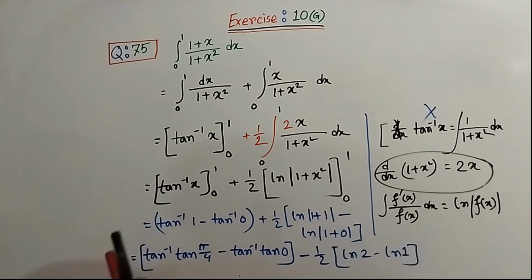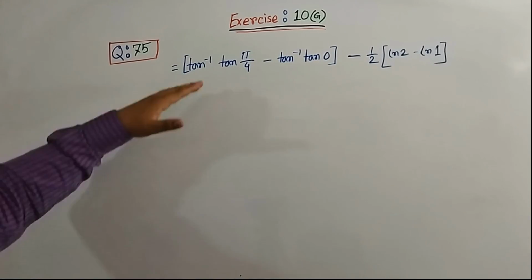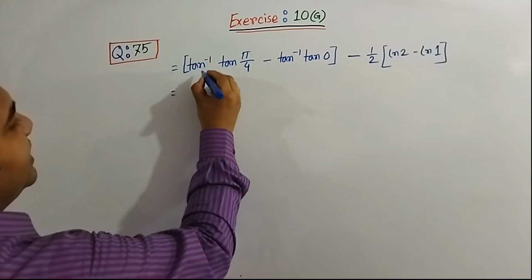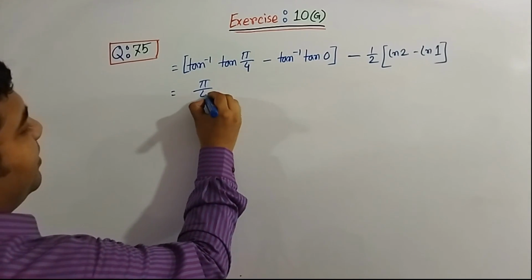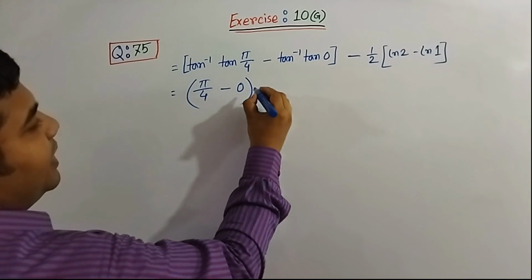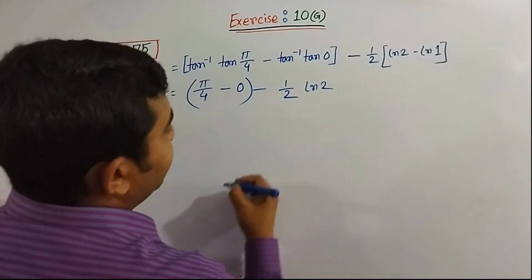So after this, what can we get? Can anyone tell me? After calculating, what can you write in here? Dear students, I have written the last line in here so that we can understand it very clearly. So tan inverse is gone, so it should be pi over 4 minus 0, and here it is half and this is ln 2.